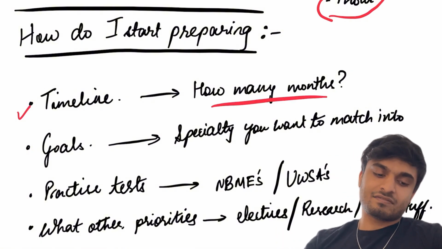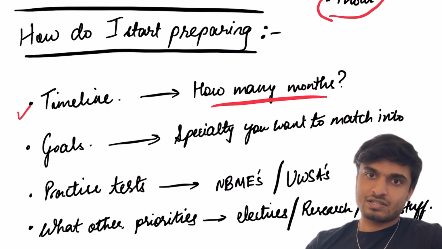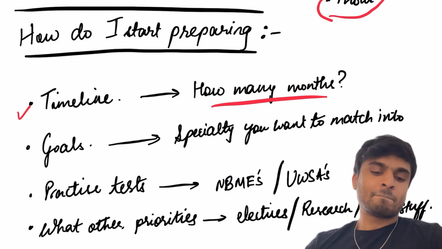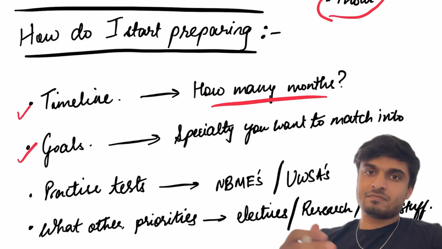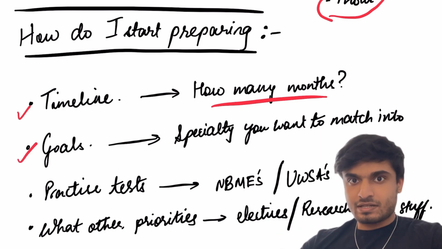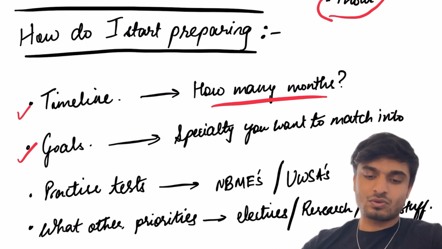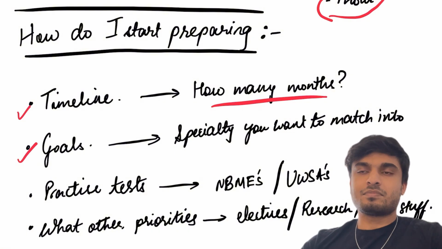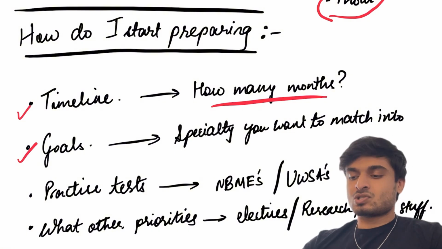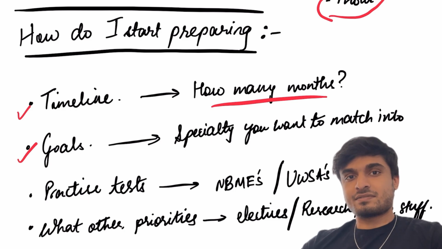So how many months is definitely the first question you should be asking yourself if you finish Step 1. Of course, you also want to consider what specialty you want to go into, and does your specialty demand a higher step score. I am planning to get into general surgery, and what I've heard is an average score is good enough for general surgery.